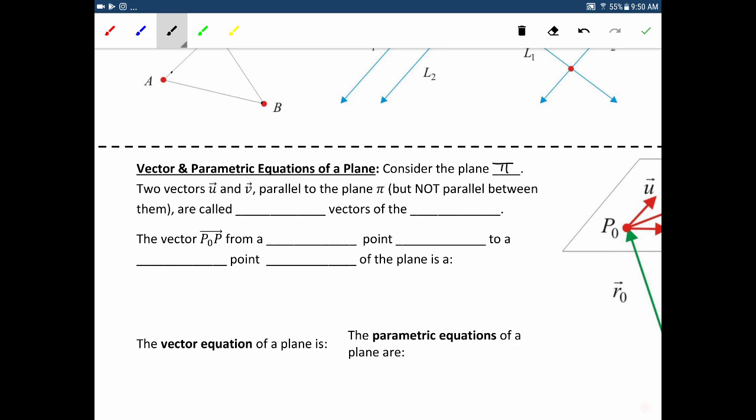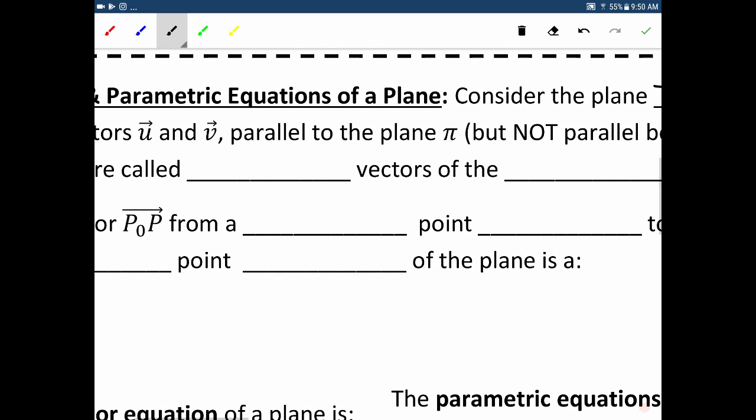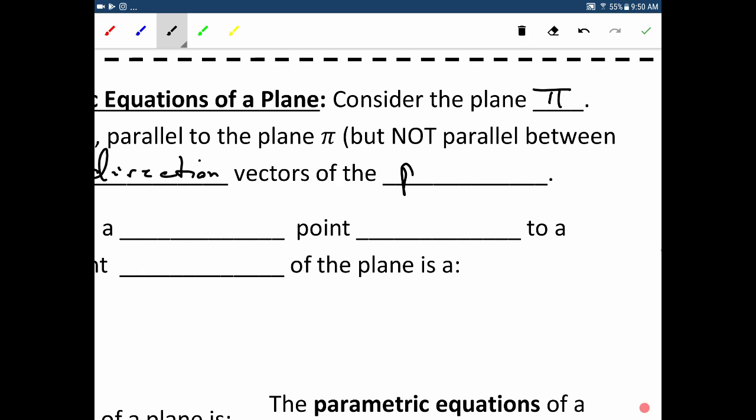These would be called direction vectors, just like with a line. So those are your direction vectors of the plane pi.